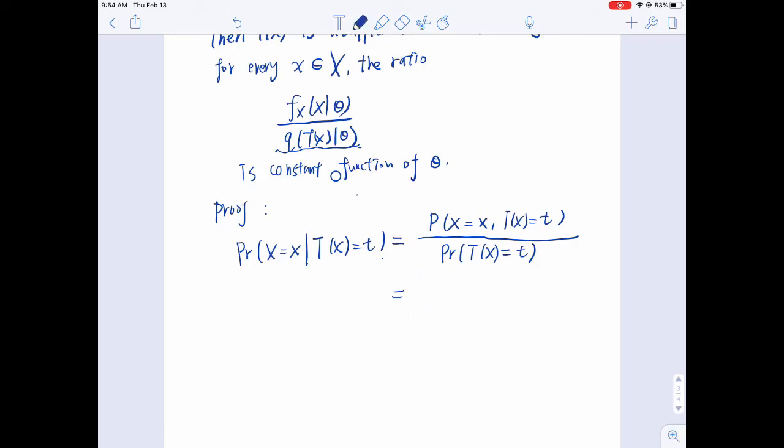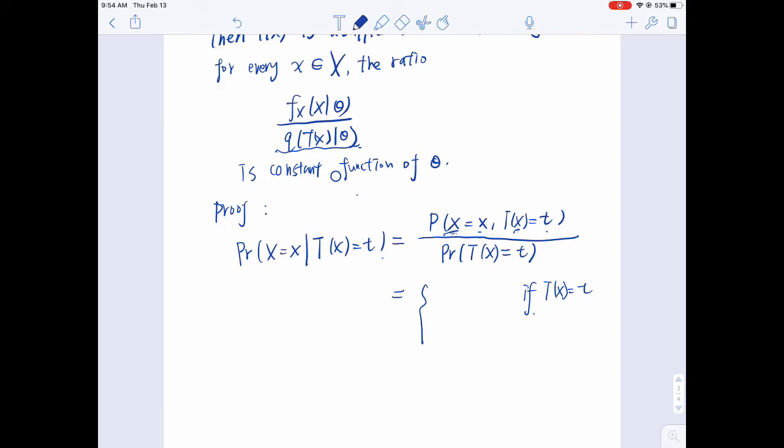The first scenario is when T(X) is indeed t. So the x right here and this x, they're the same x. That's why if T(X) is indeed t, then X is naturally equal to x.